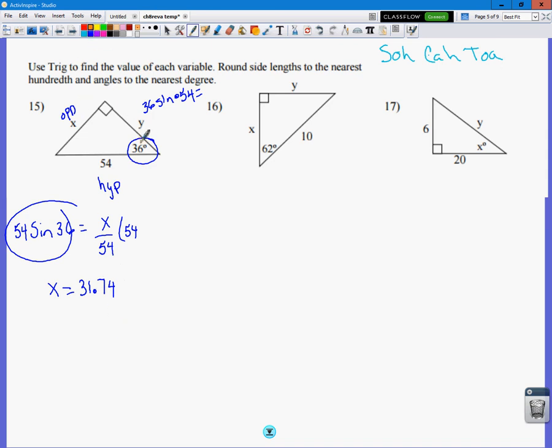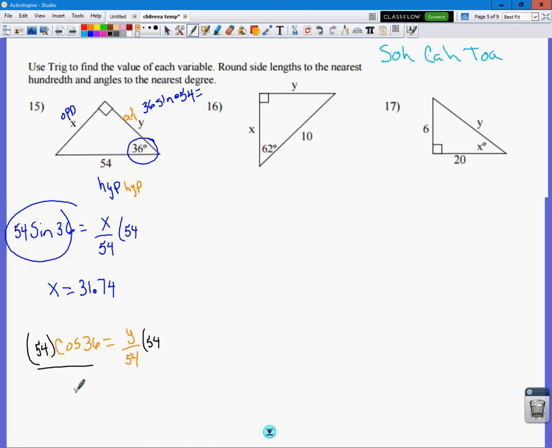When I go to find y, it is adjacent. Obviously the 54 is still my hypotenuse. Adjacent and hypotenuse is a cosine function. The cosine of 36 would be equal to the adjacent y over the hypotenuse 54. And we're going to multiply both sides by 54.